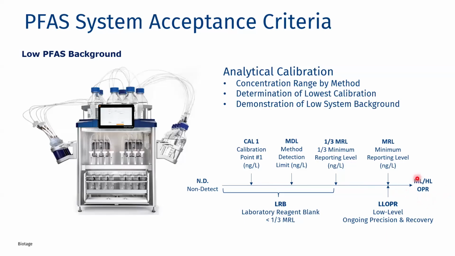And then from there, at higher concentrations, we have our mid-level ongoing precision and accuracy, and then we have our high-level ongoing precision and accuracy. And this is kind of an overarching view of detection levels and how to really determine whether your system has low background.